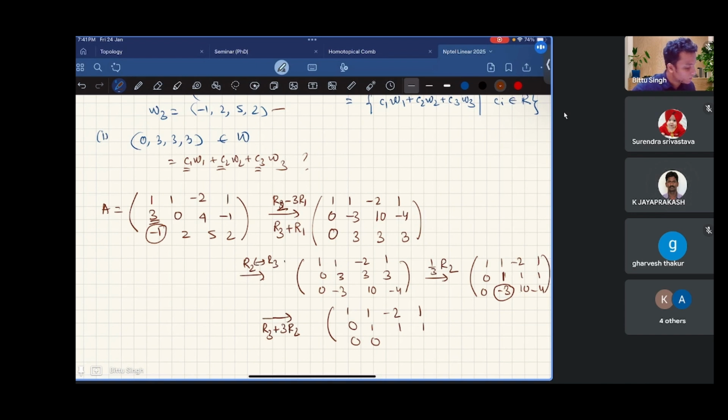Then 10 plus 3 will be 13, and minus 4 plus 3 is minus 1, right? Now, can you see that this element is there?